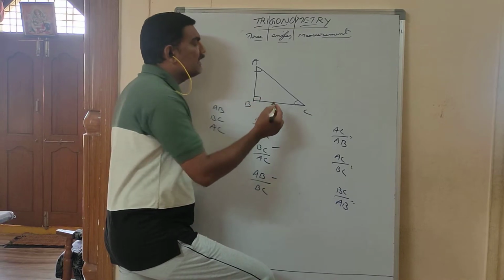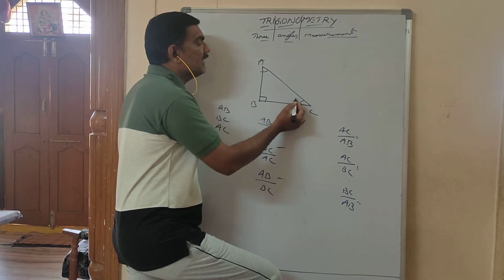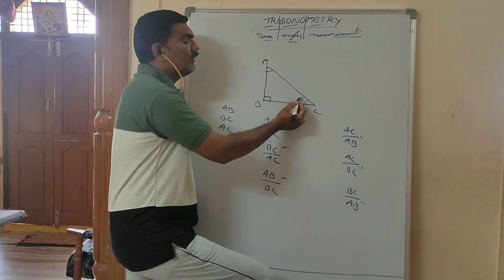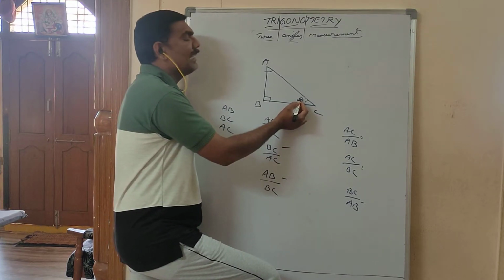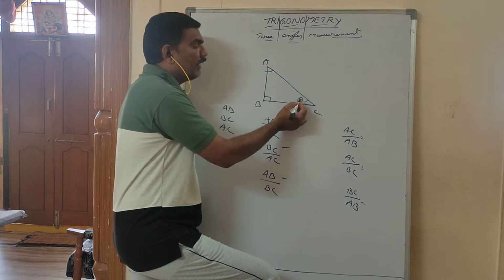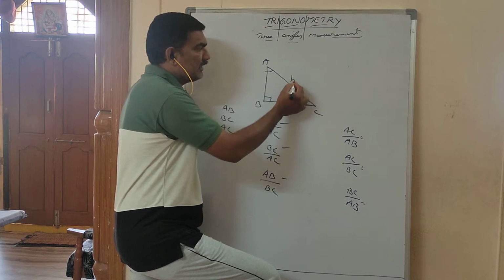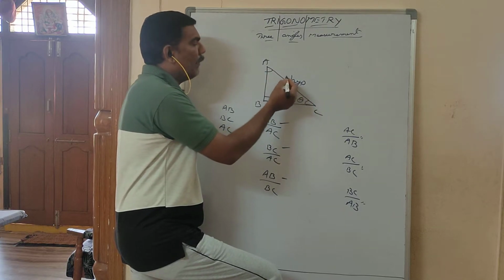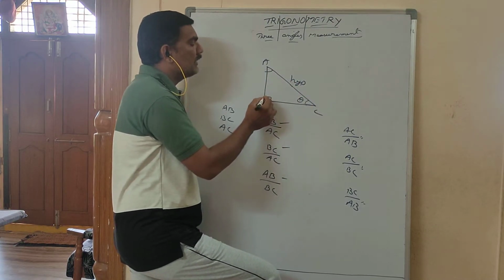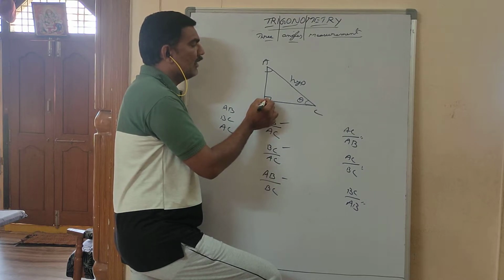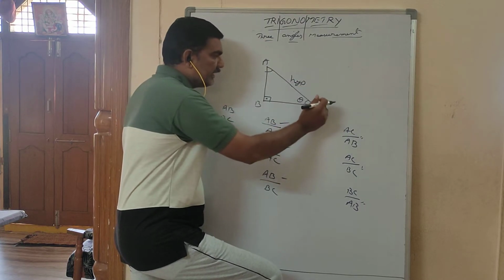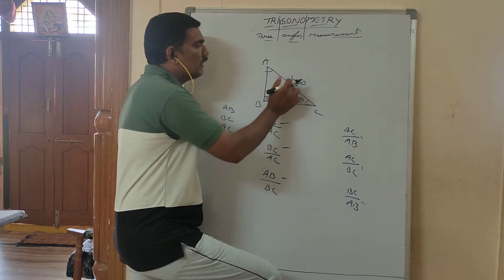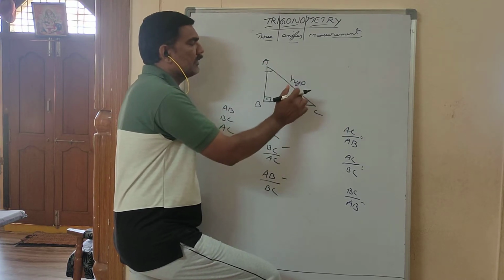So if they consider this angle C as theta. So theta is nothing but one angle. It is angle. So for this angle, this is called hypotenuse. Already you know about that. Side opposite to 90 degrees. See, this is angle. It is side. Side is AC. Angle is 90. Side opposite to 90 means you have to say hypotenuse.